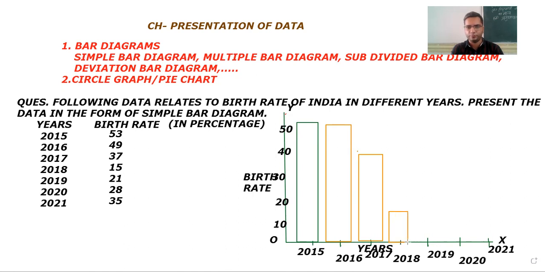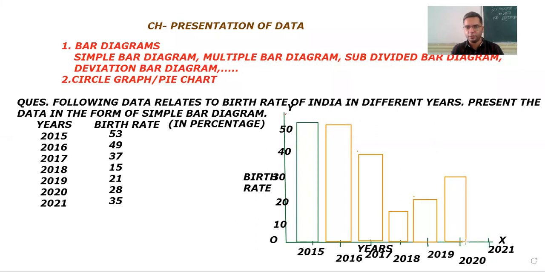Next is 15. Let's make 15. 10 और 20 के बीच में होगा 15 somewhere here. Next is 21. 20 के ऊपर थोड़ा सा. Next is 28. 30 से थोड़ा सा नीचे.